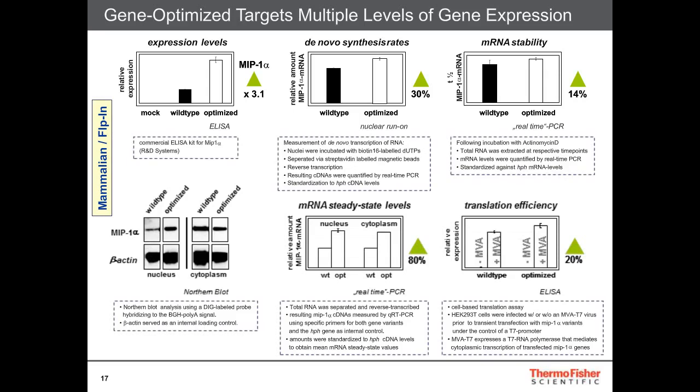So combining all those individual aspects finally leads to this threefold protein expression increase using an optimized construct. And those experiments clearly demonstrate that indeed our optimization approach targets each individual step of protein synthesis from transcription to translation, which is quite nice results.